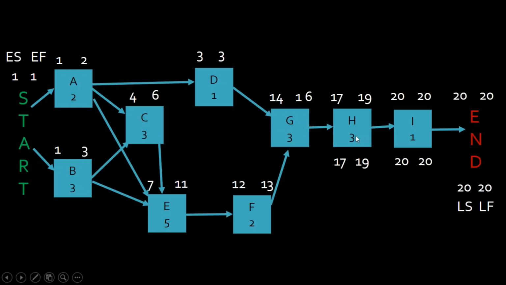Again, now we go back to G. G needs to deliver by 17, correct? So it cannot finish any later than day 16 for H to start on its late start of 17. It's the dependency. That's what the rule is. G, look, has no wiggle room.